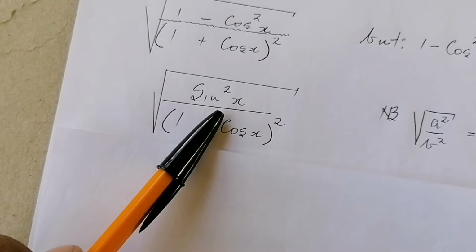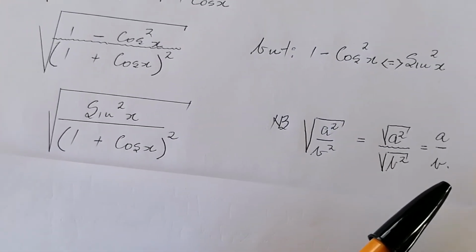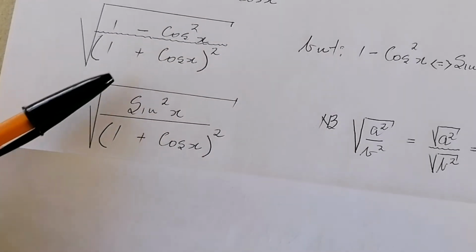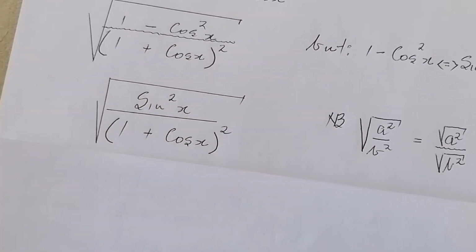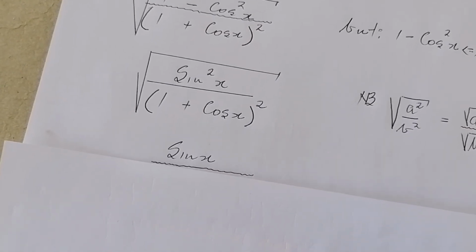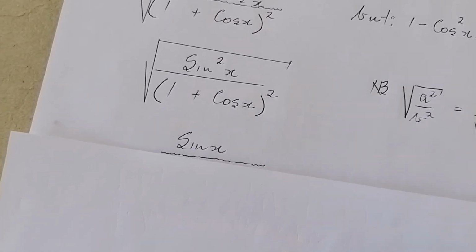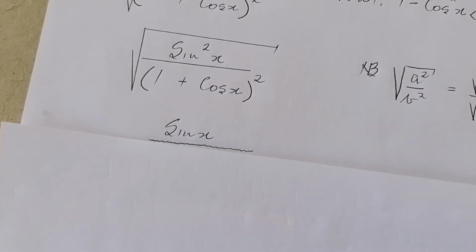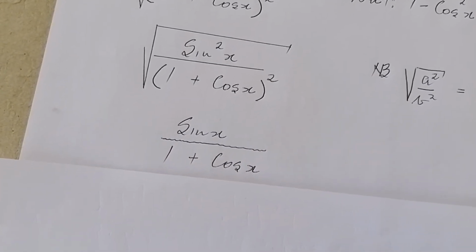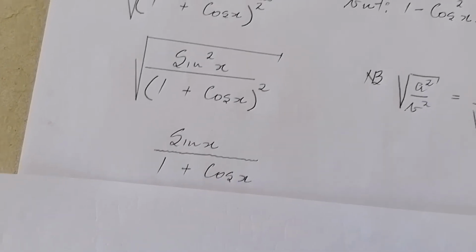Now, in this case, I must think along this. The square root of sine squared x will be sine x. The square root of 1 plus cos x all squared will be 1 plus cos x.